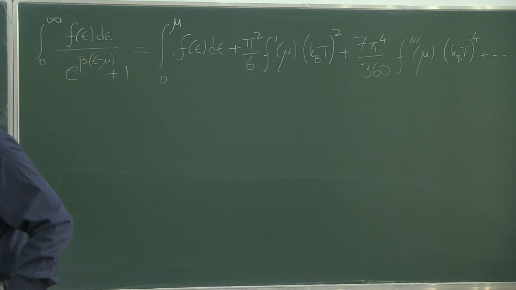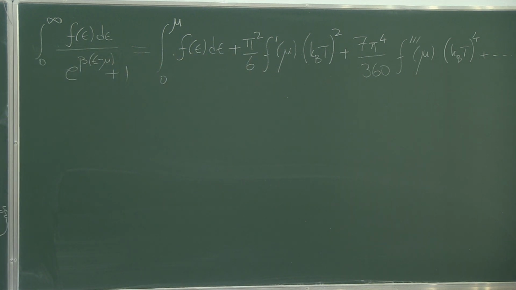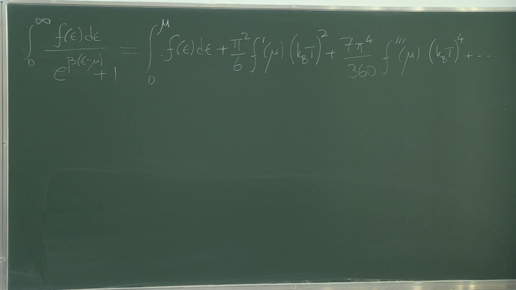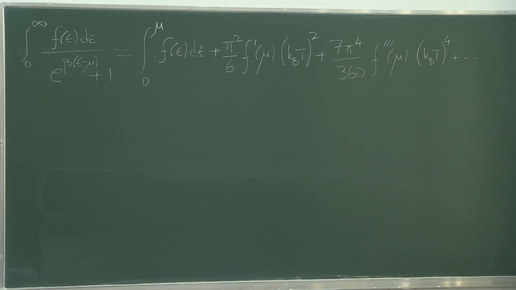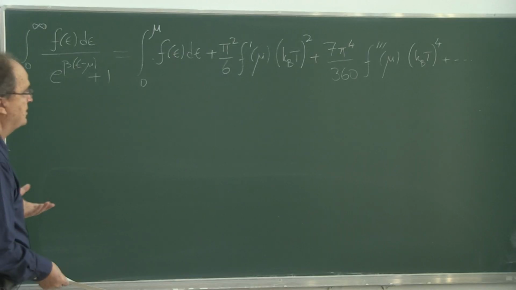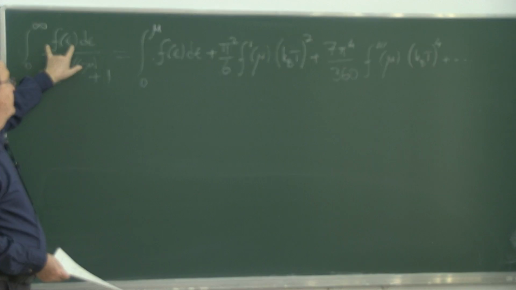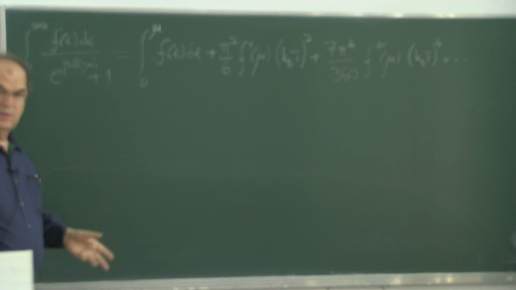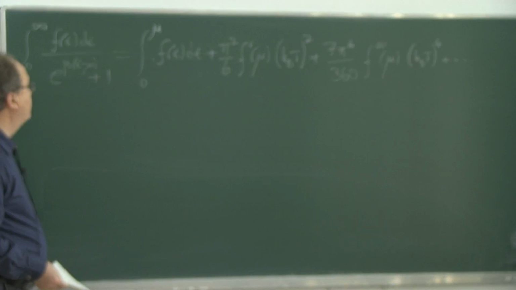We usually cut off this expansion at the second term, so we don't go to the fourth order term in temperature. Very easy, isn't it? You have any function multiplying the Fermi-Dirac distribution function, and all the complexity is coming from the Fermi-Dirac distribution function.